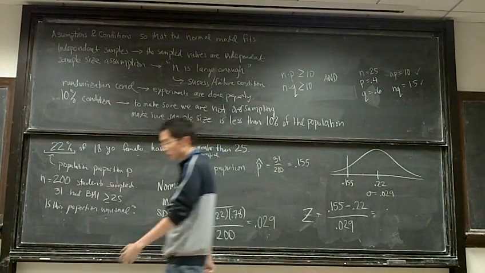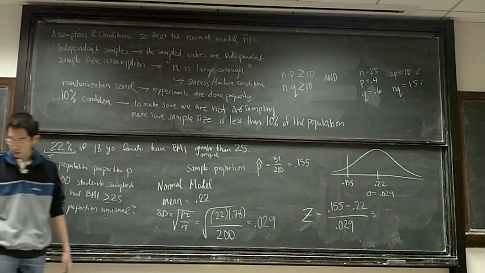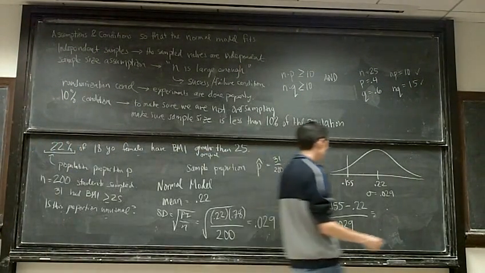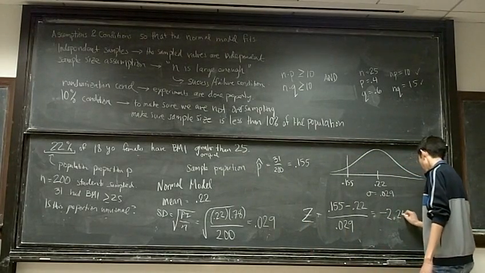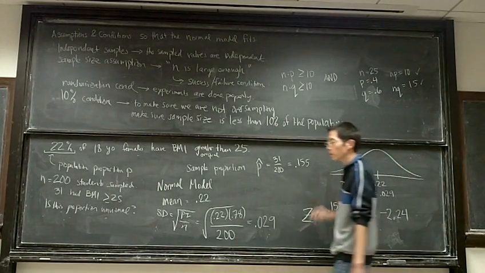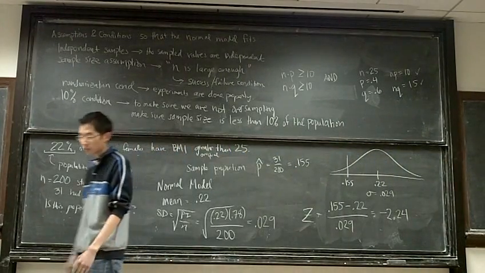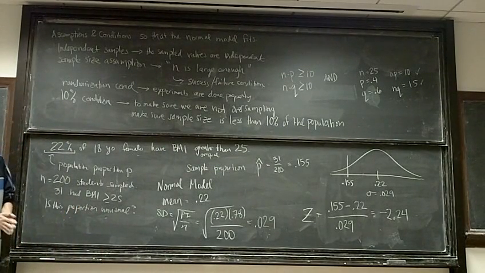When we do this calculation, we get z equal to negative 2.24. So 0.155 is about 2.24 standard deviations away from the mean.